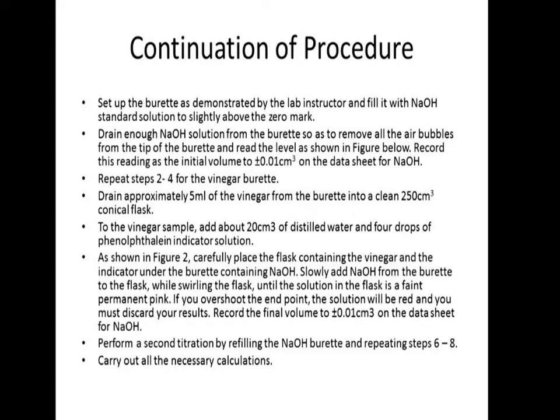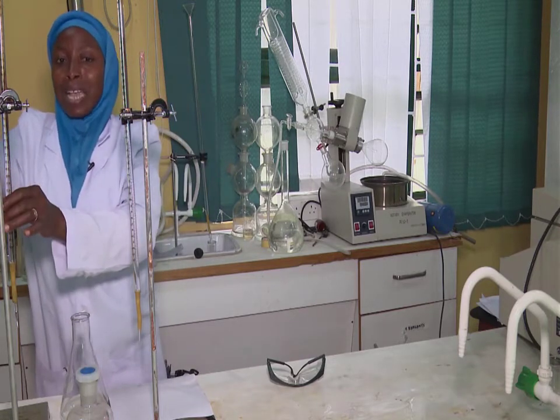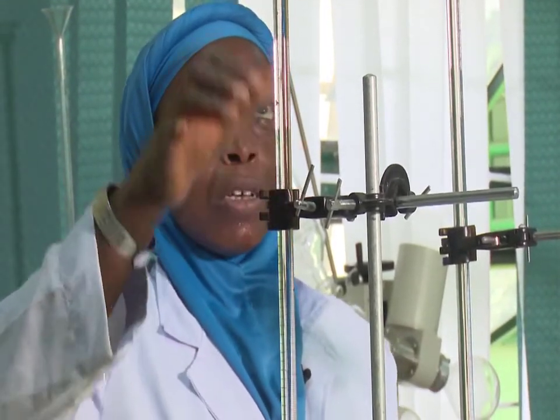Next is for you to repeat the steps 2 to 4 for the vinegar burette. This is the vinegar burette. The same thing has been done to the vinegar burette as the sodium hydroxide burette was prepared. We rinsed it and we filled it up with vinegar solution.